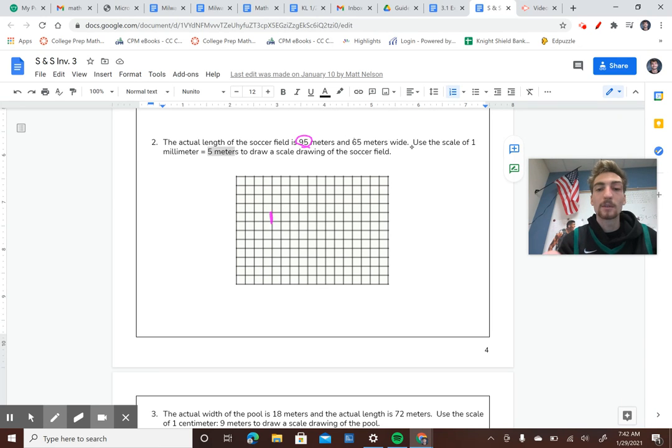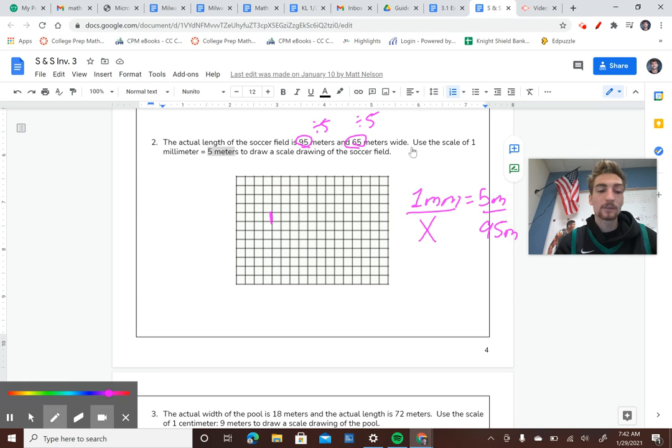So I have to take this number and divide them both by 5. And I know that because let's say I have 1 millimeter equals 5 meters in real life. Well, then what would it be if I needed it for 95 meters? So let's say I'll put an x here for my missing variable.